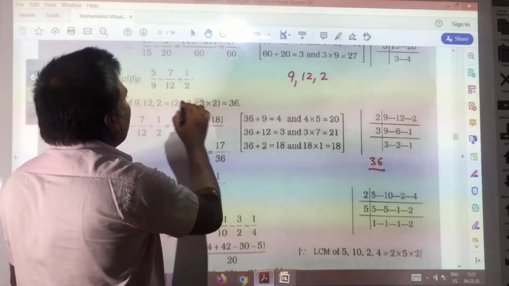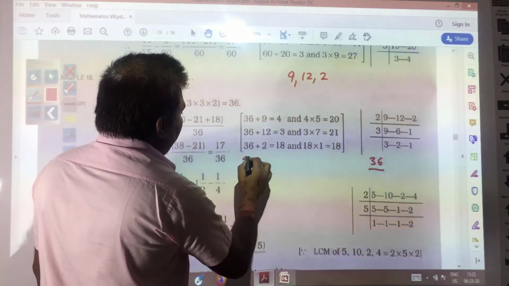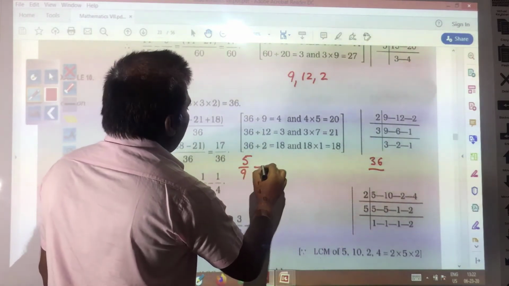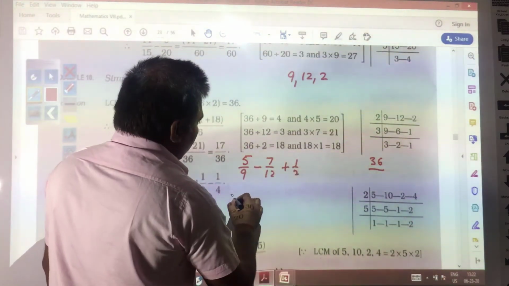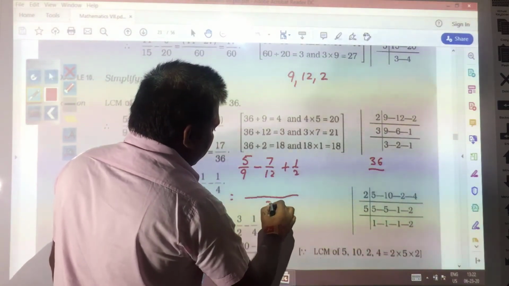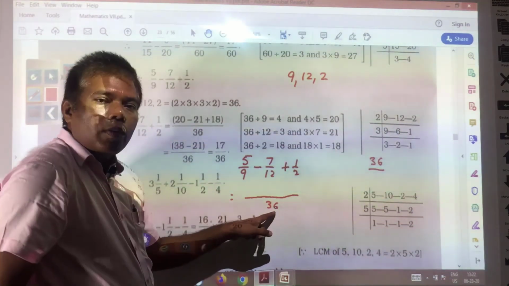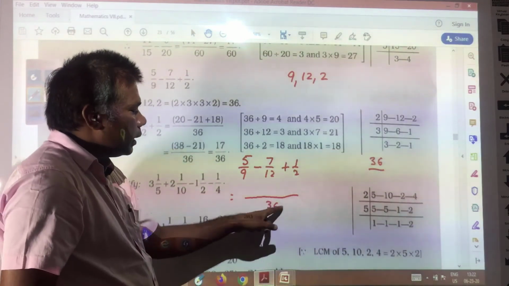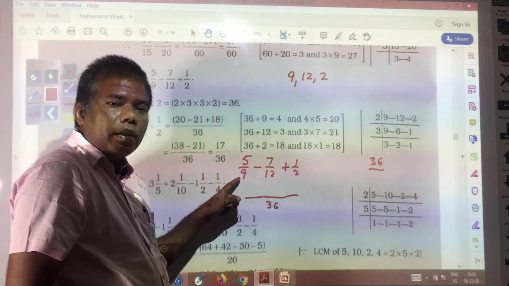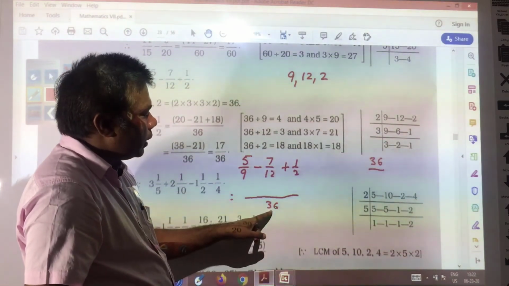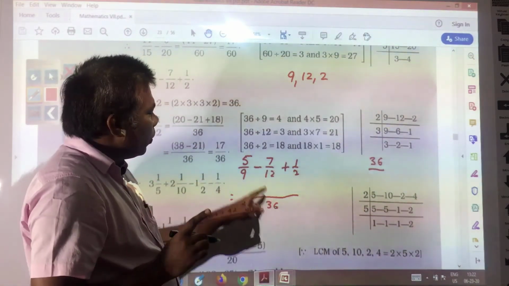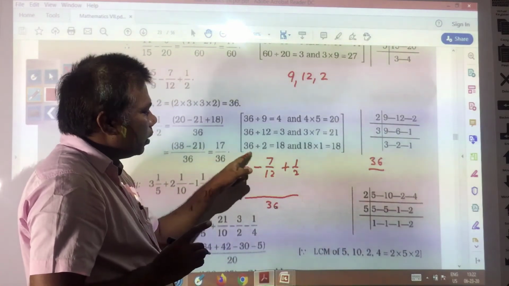What will you do now? Suppose you write your question 5 by 9 minus 7 by 12 plus 1 by 2. You got LCM 36. What is required to be done? This 36 is required to be divided by 9. So, 9 times 4 is 36, the result you got is 4. 4 is required to be multiplied with the numerator.